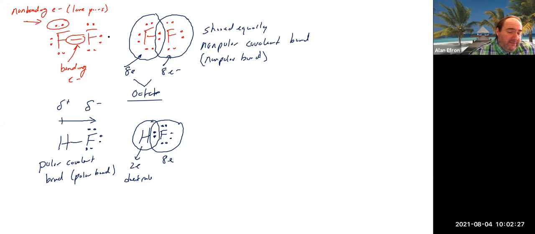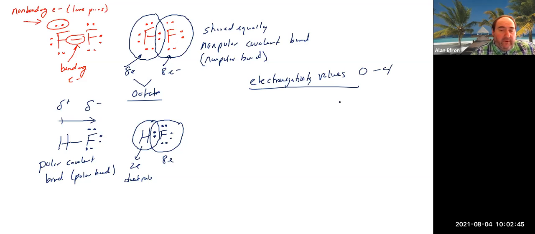How do we know in terms of this, are they going to share sort of the electrons equally, unequally, or they're going to be kind of a transfer of electrons? We could use electronegativity values, as we talked about, that Pauling came up with, which goes from 0 to 4, 4 being the most electronegative. And remember that if you have a difference in electronegativity that goes from 0 to 0.4, that's considered a nonpolar bond.